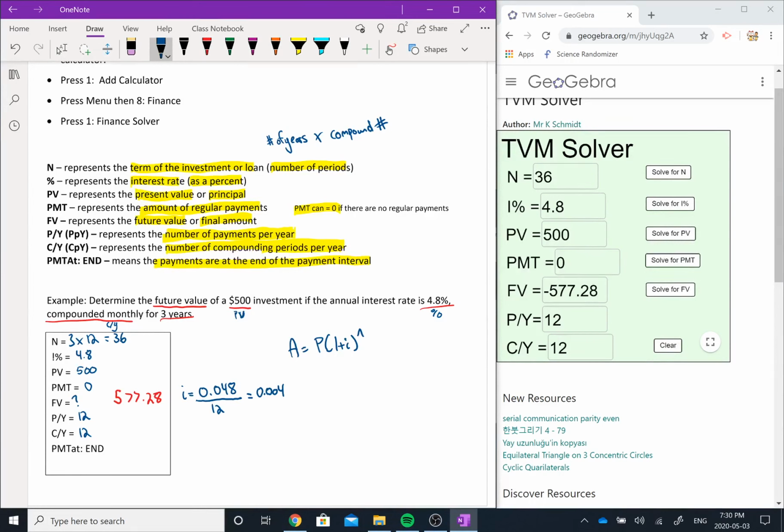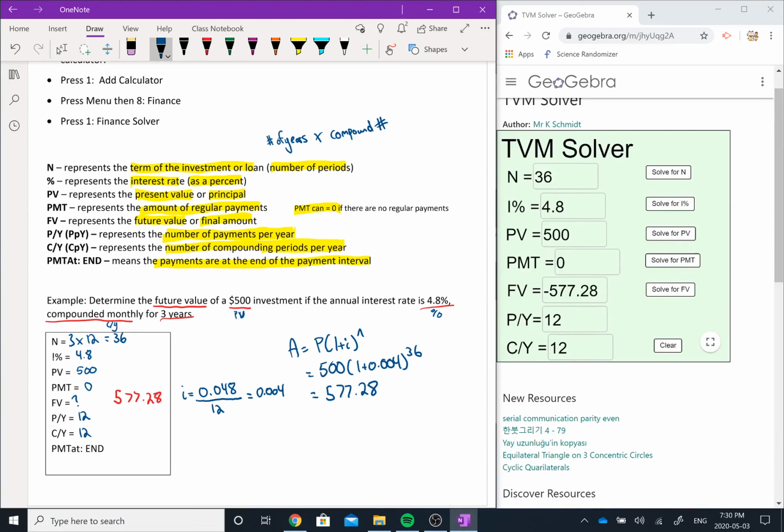When I plug it into my formula, we get $500 times 1 plus 0.004 to the power of 36, which is the same n from what we just found. And in the end, we do get the exact same value when we round. So this is just showing us that we do get the same answer whether we do it by calculation or by using the TVM solver.